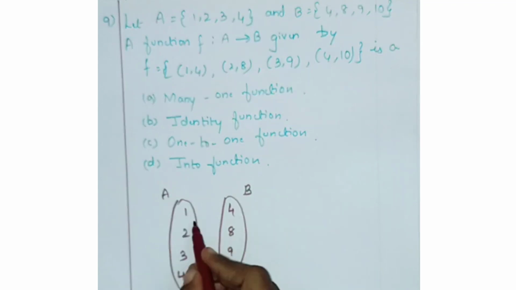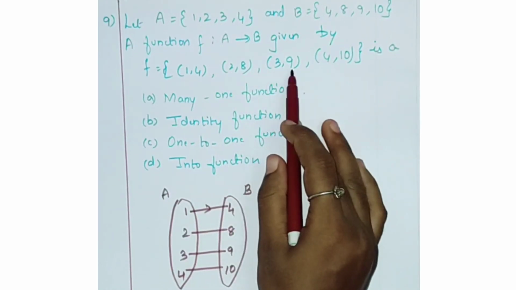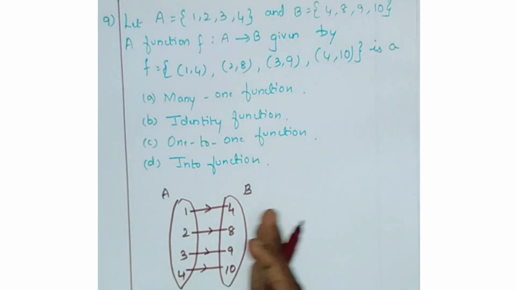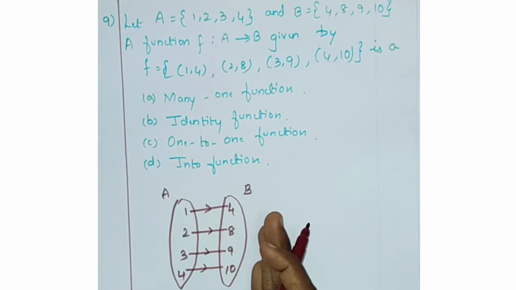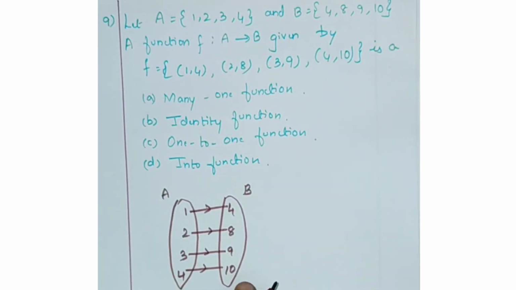If you start mapping here, for 1 it is 4, for 2 it is 8, for 3 it is 9 and for 4 it is 10. By seeing this you can say that every element in A has its unique image in B.